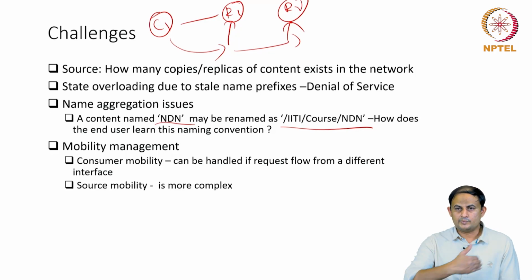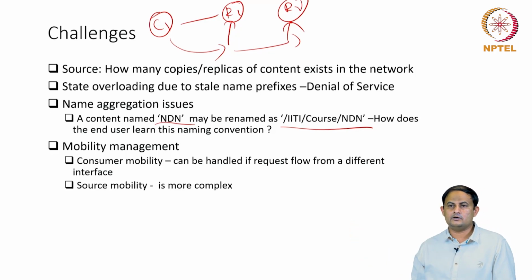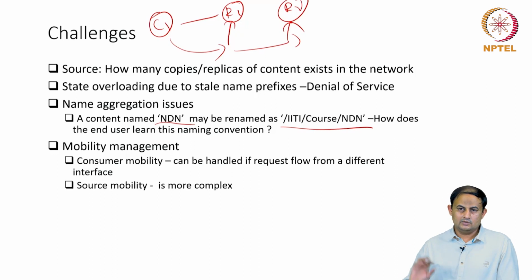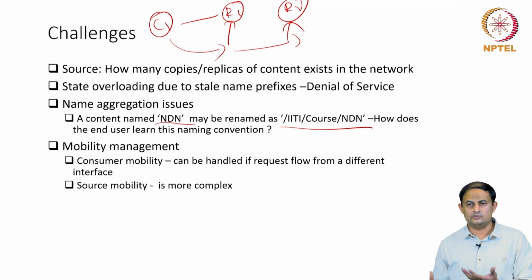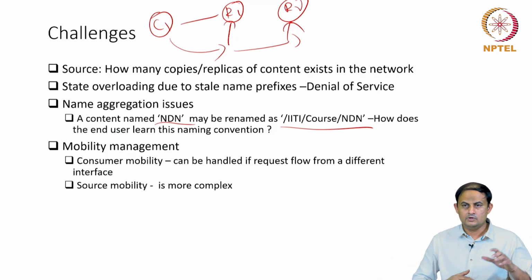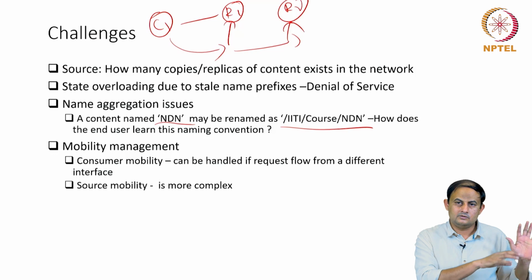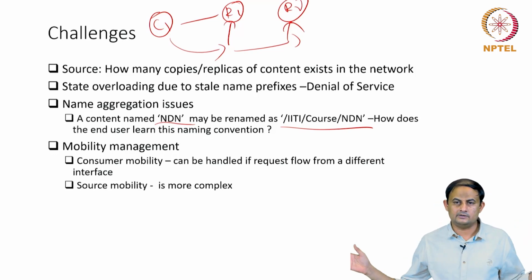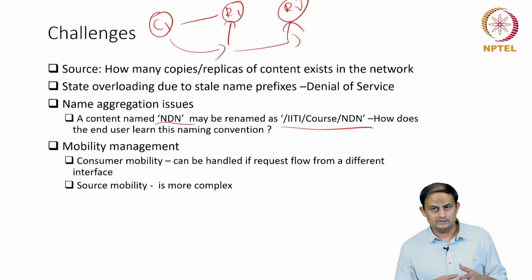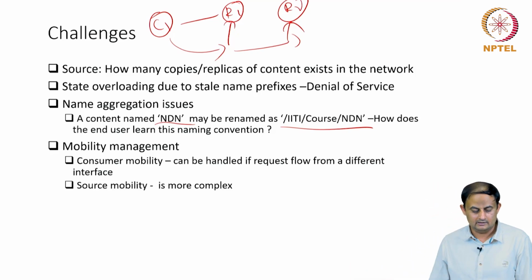If you move from R1 to R2, I can still make that request, and R2 can figure out how to get that content and still serve you. So from a consumer's mobility perspective, handling the request when he is on the move can be handled fairly well.